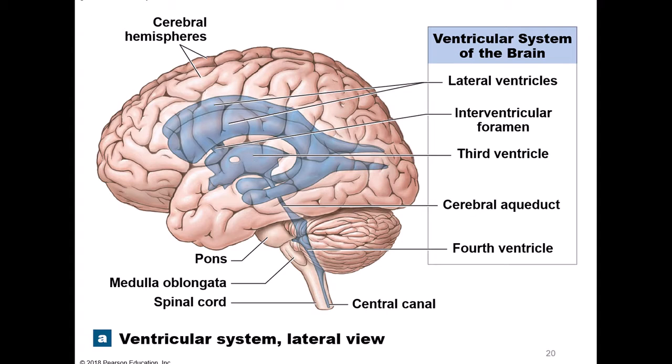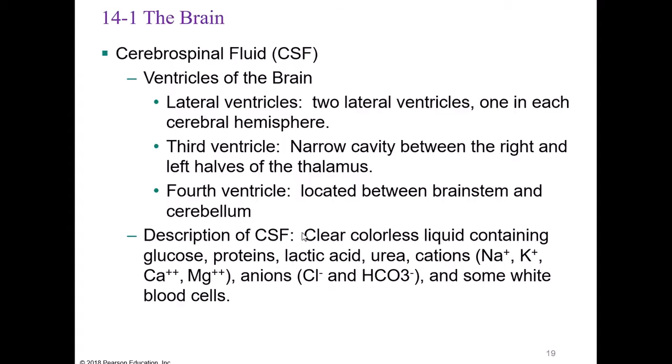Down here, between the cerebellum in the back and the brain stem in the front, this ventricle right in the middle is the fourth ventricle. So it goes: two lateral ventricles, a third ventricle, and then down over here, the fourth ventricle. The fourth ventricle is located between the brainstem and the cerebellum.